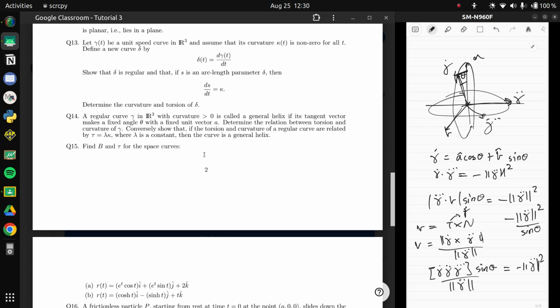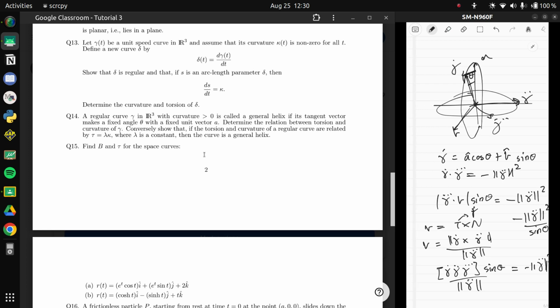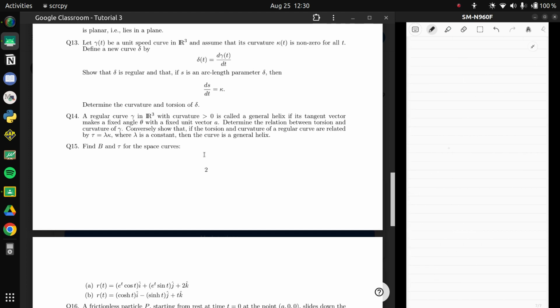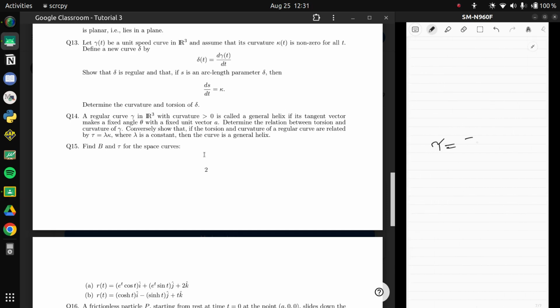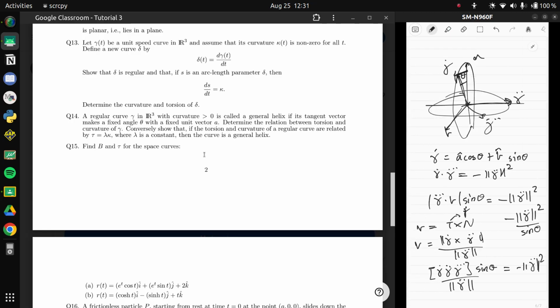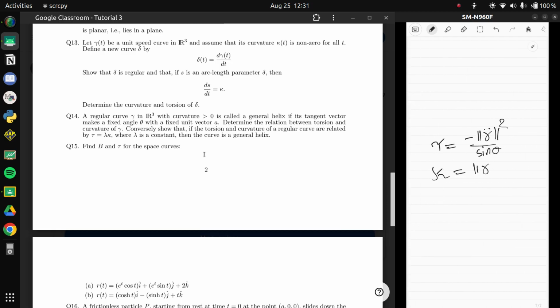So what did we just get from all of this? What we got was that torsion is this quantity, negative magnitude of gamma double dot squared upon sine theta. What is kappa? Kappa is just this thing, gamma double dot's magnitude, right?